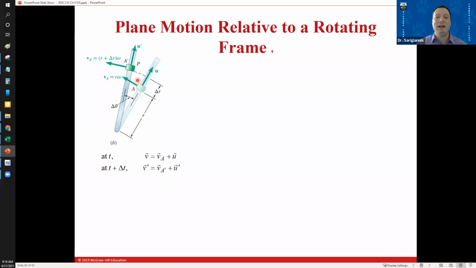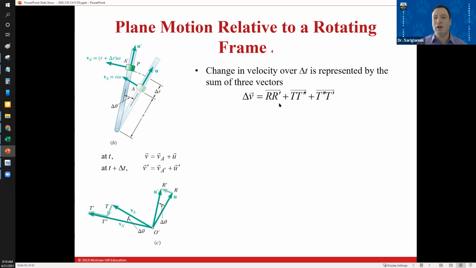So we're moving this incremental distance, delta R, and we're also moving an incremental theta. And you can write expressions for what those velocities are at different times. Basically, we can write a vector formula, or we can graphically sketch out the vectors.